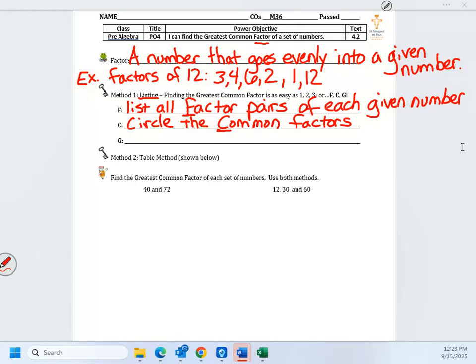Circle the ones that they share. And then G is identify the greatest common factor. What's the biggest number that they both share?